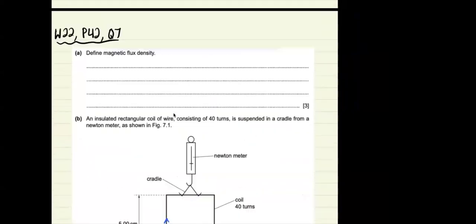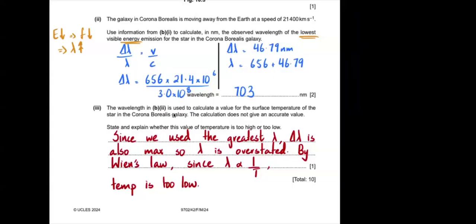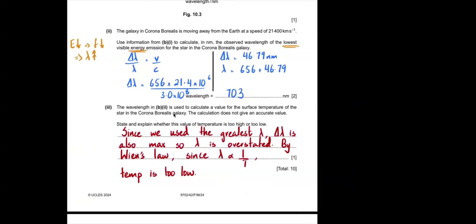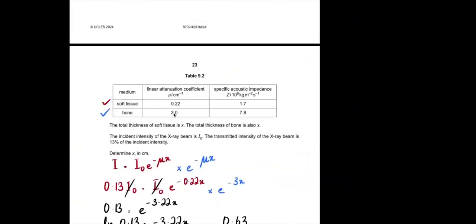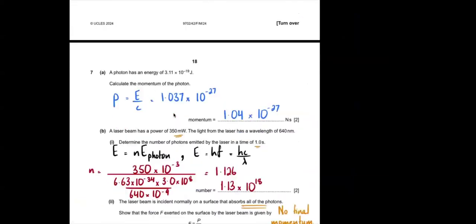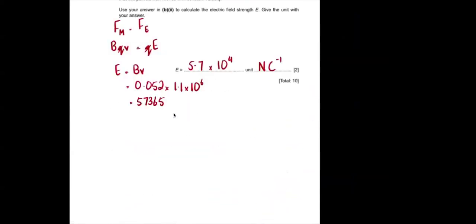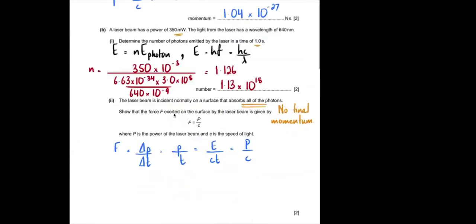So that's the section on magnetic fields, alternating currents as well. I would like to show you guys this question here on AC. This was a pretty typical question, but still nice. All right, so no, I may be confusing the two.